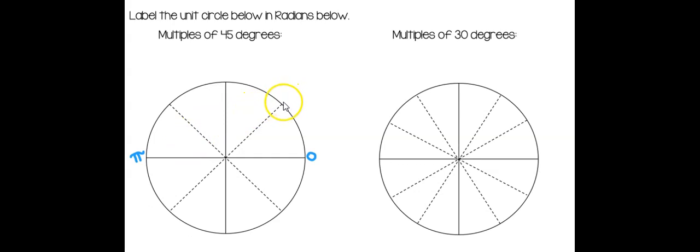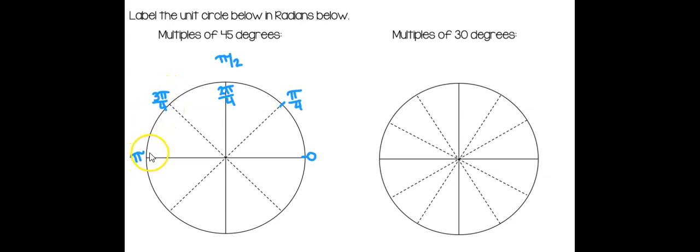The first section from here to here would be 1/4 pi, or pi divided by 4. The second piece would be 2 pieces out of 4, which reduces to half pi. What happens if we go not only 2, but 3 pieces out of 4? This would be 3 pi over 4.